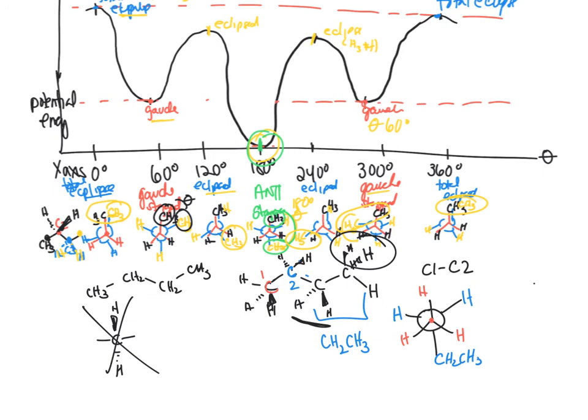So once again, you draw your staggered framework. Okay, so there's your staggered framework. I'm going to clean it up a little bit. Okay, there's your staggered. And they want the C2, C3 bond. Okay, so C2 is here, the front. And now we're going to make this a CH3.